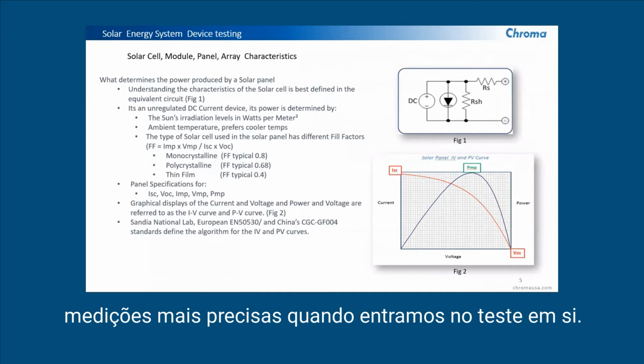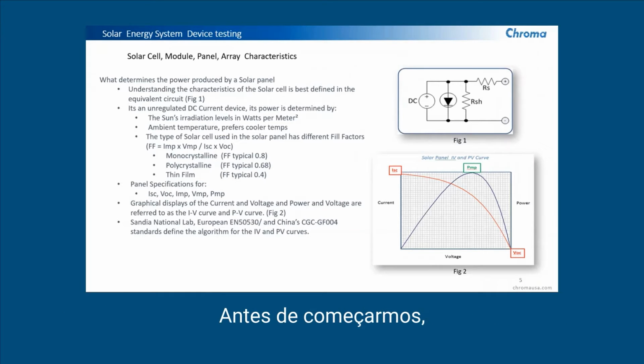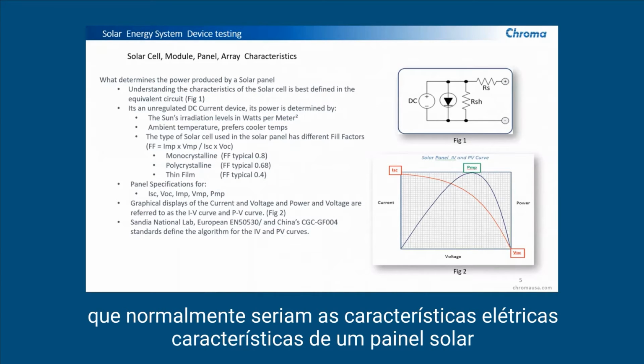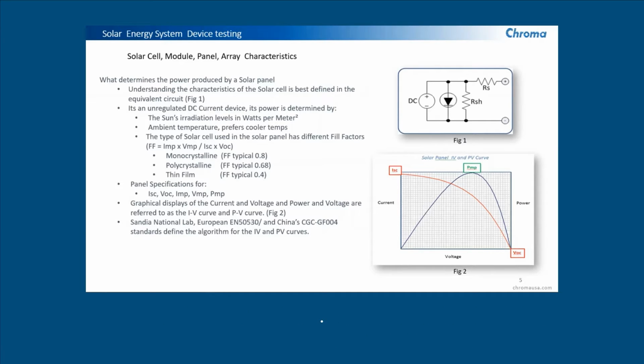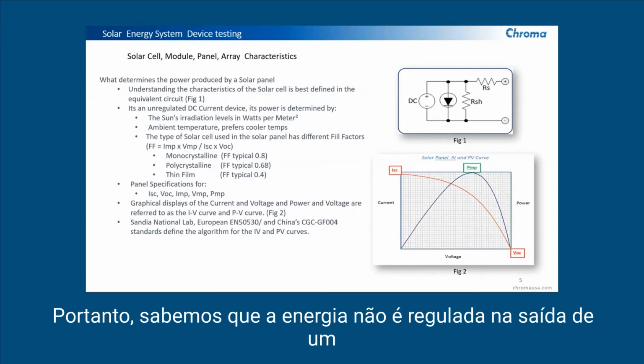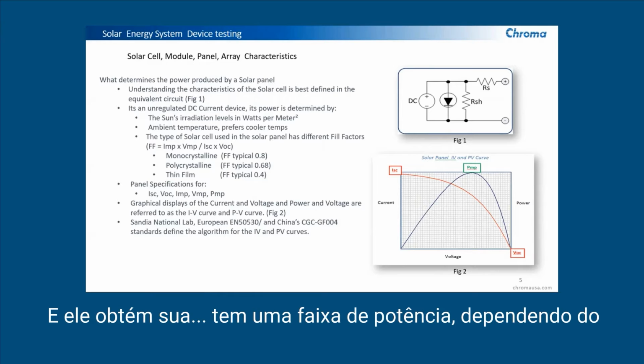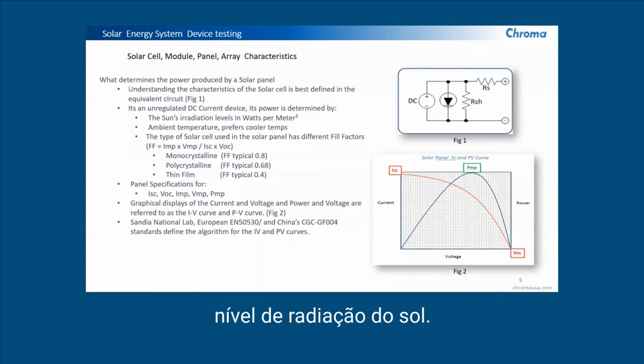Before we start the test itself, I'd like to cover briefly, this slide gives you an overview of what solar array electrical characteristics would normally be. We know that the power is not regulated on the output of a solar array, and it gets a range of power depending on the irradiation level from the sun.